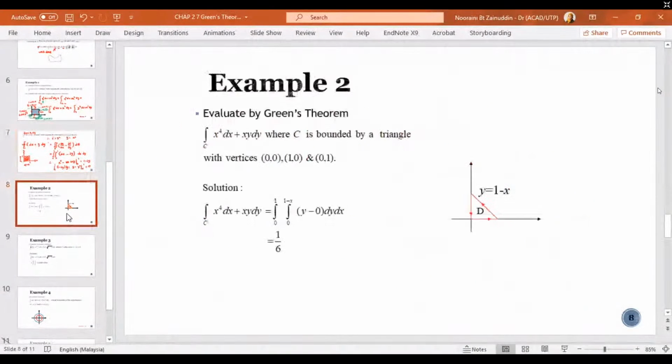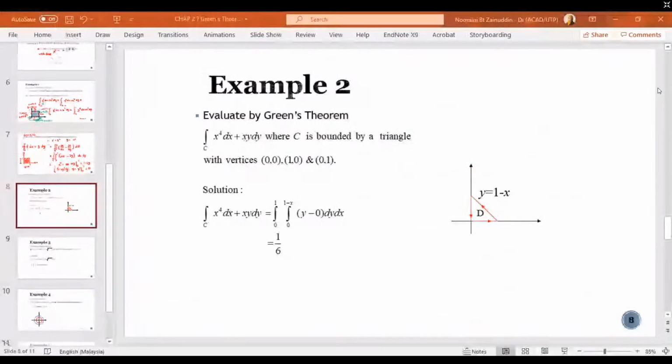If not, maybe you can try this example. Evaluate by Green's theorem, x to the 4th dx plus xy dy, where C is bounded by the triangle with vertices (0,0), (1,0), (0,1). Solution.